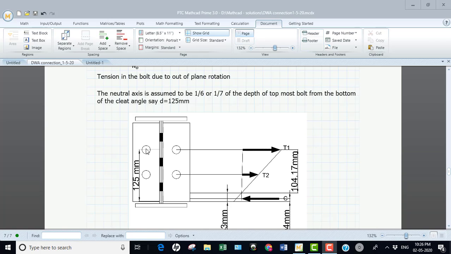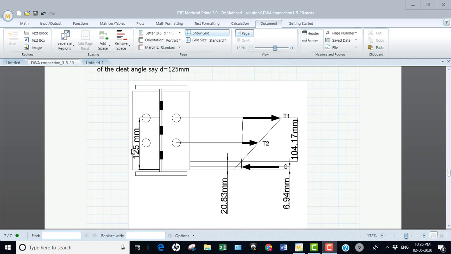Here, from the CG of the top bolt to the bottom of the cleat angle is 125. So 1/6 to 1/7 of this 125 is taken as approximately the depth of the neutral axis. Here I have considered 1/6 of this distance as the neutral axis, which I calculated as 20.83.